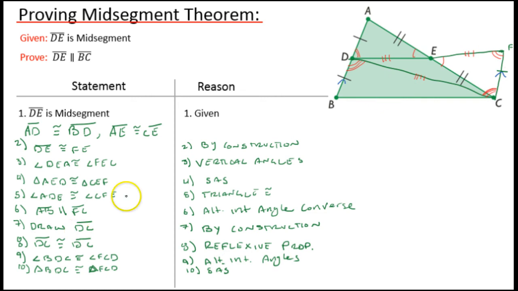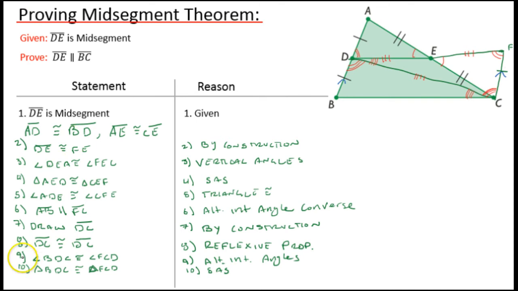So if that's true, then we know for a fact that, let me grab my red again, this angle, 1, 2, 3, 4, is congruent to this angle, 1, 2, 3, 4, because both of these triangles are congruent, and all parts of congruent triangles must be congruent.